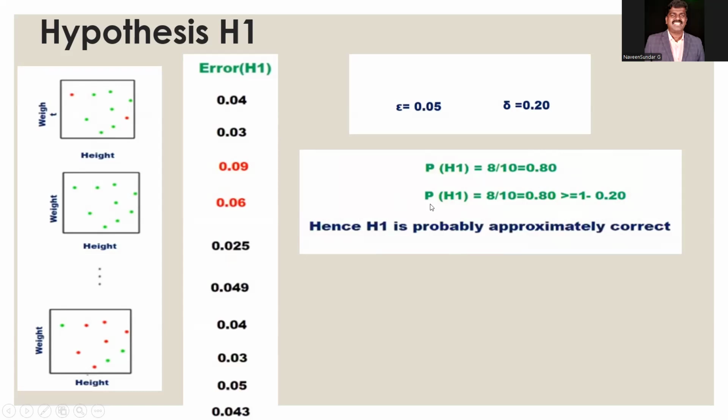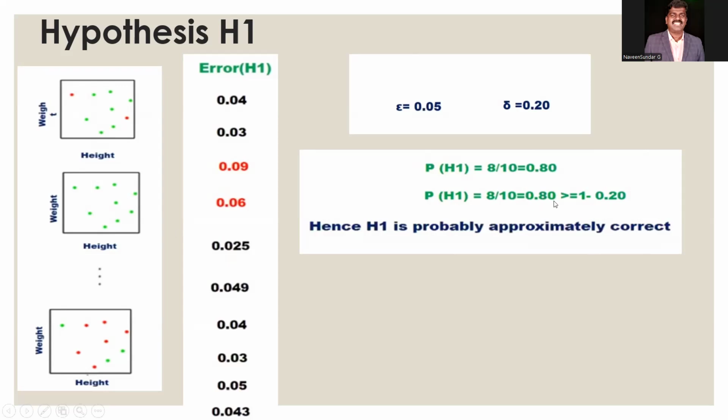Then again we calculate the probability of H1, and based upon the 1 minus delta value, that is 0.20 we have given, we have to check. If this value satisfies it, then we can say this is approximately correct. Got it? The range is less than, so we can say it is equal to.